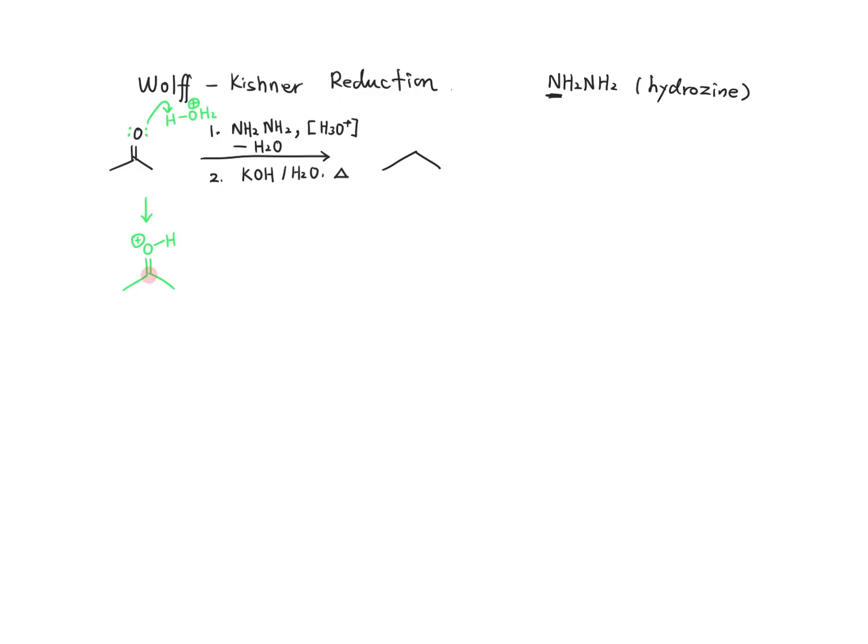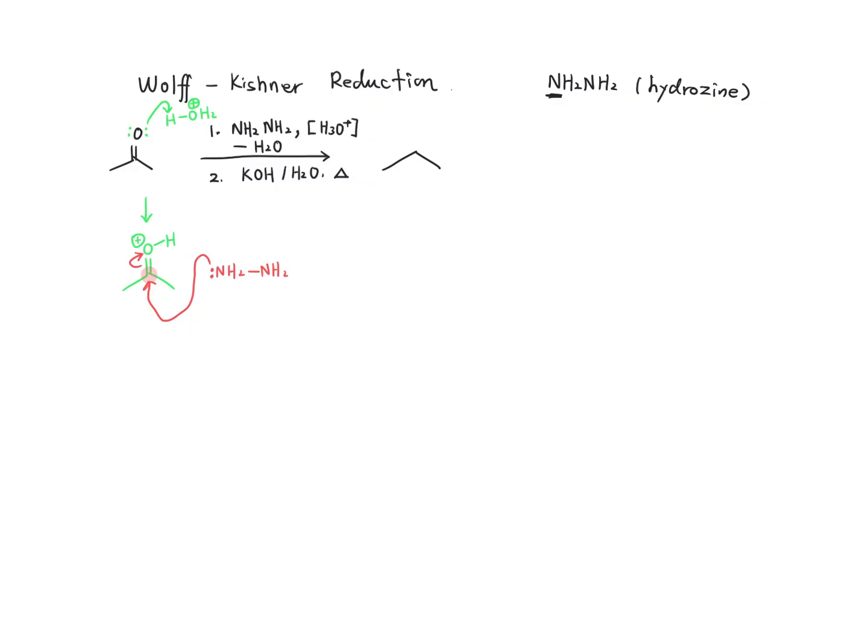So now we have a relatively not so strong nucleophile, hydrazine, and here we do have lone pairs on nitrogen, so this nitrogen lone pair will attack, and that is the general reaction mechanism of the acid catalyzed nucleophilic addition.